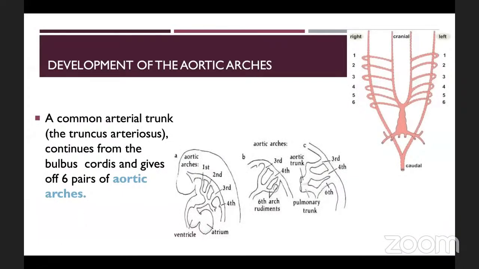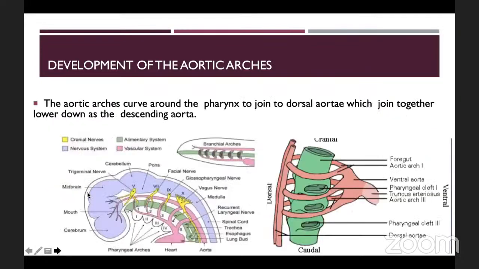The truncus arteriosus continues from the bulbus cordis and gives off 6 pairs of aortic arches. In this picture here, we can see it. So the aortic arches curve around the pharynx to join the dorsal aorta, which join together lower down as the descending aorta.